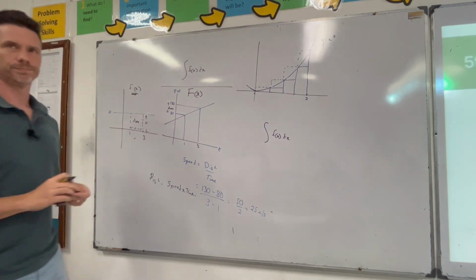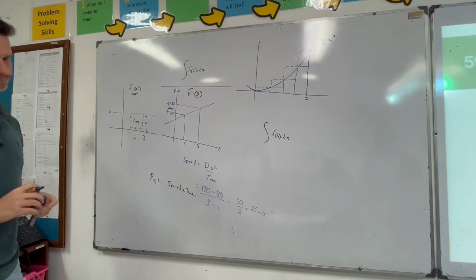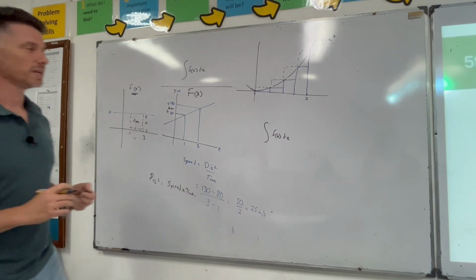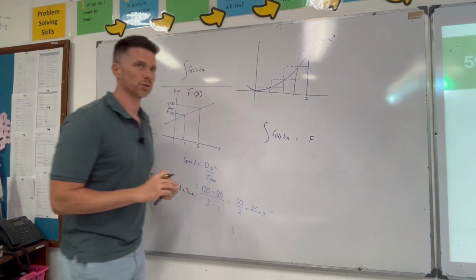What do I need to do? How do I get it in reverse? Big F of x is equal to the integration. So I would integrate. I would get the big F of x function, and what would I do?